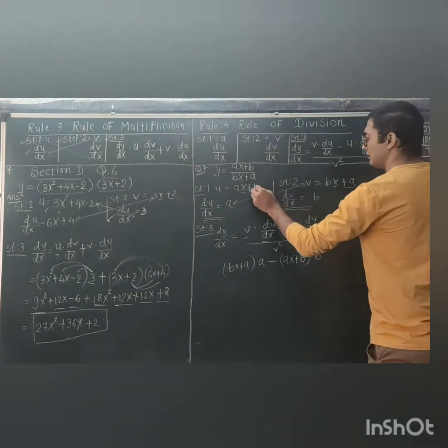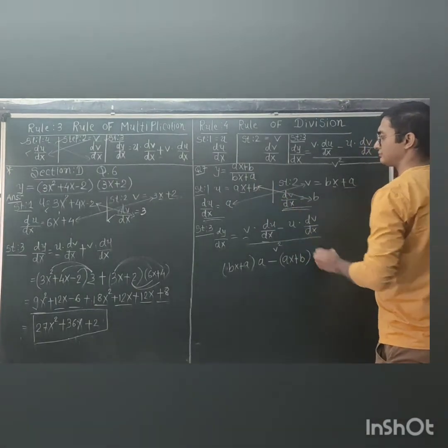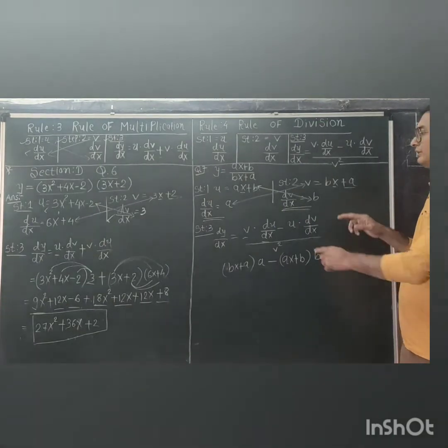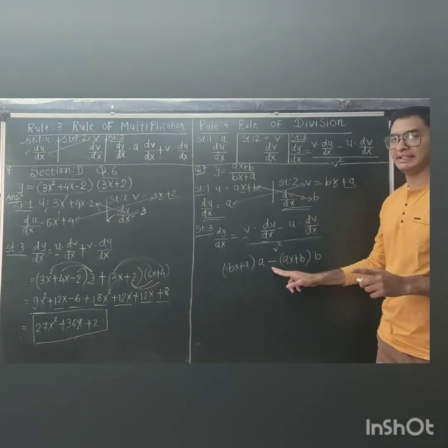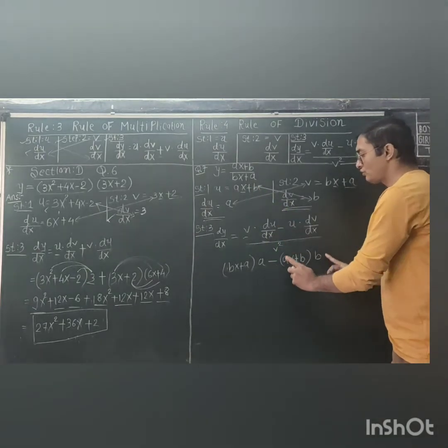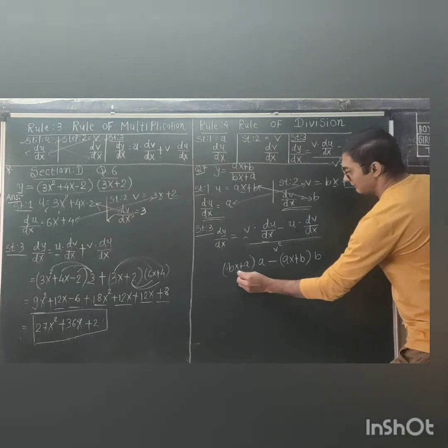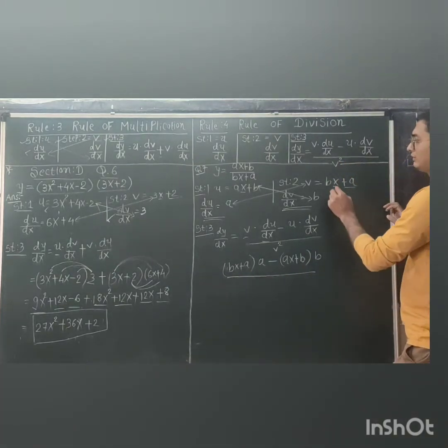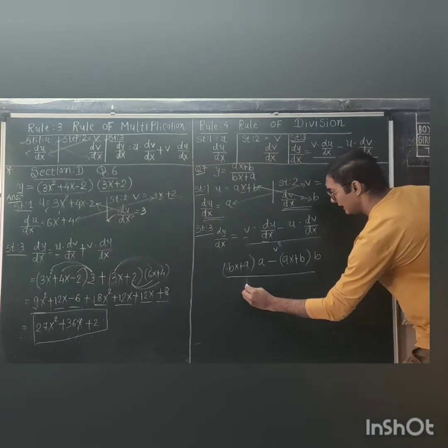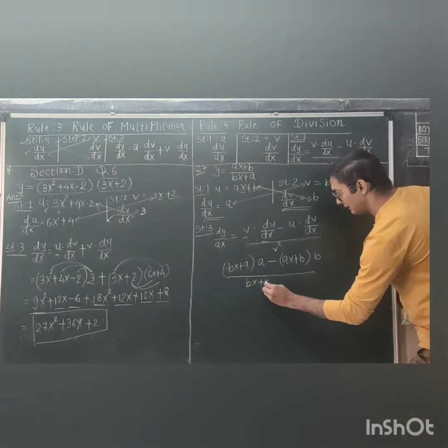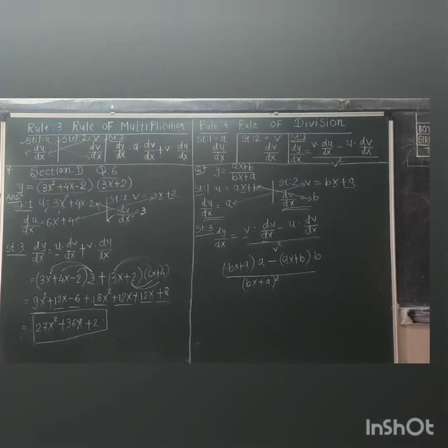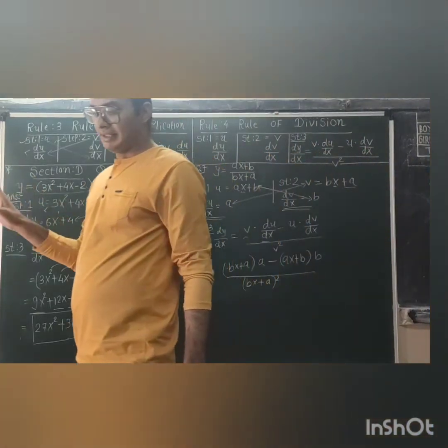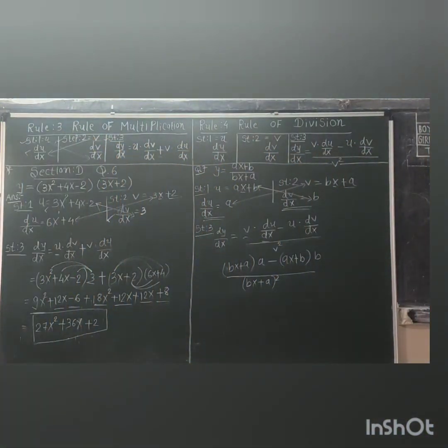So first multiplication of these two values, thereafter the sign is negative, and multiplication of these two values, divided by v square, the value of v, that is bx plus a whole square. Understood? Here there are just two steps and we applied the values accordingly.